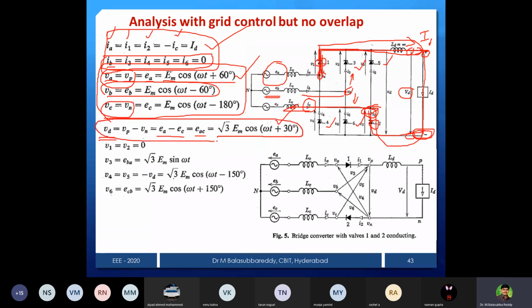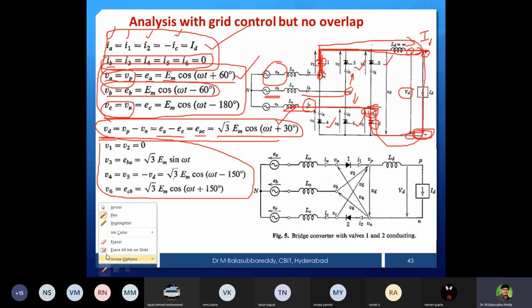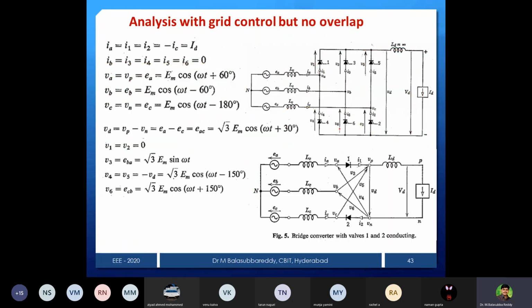This is the VD. And now valve voltages are very simple. Conducting valve voltages are 0. For the rest of the valve voltages we have to identify where they are connected. That's all, simple way. Now the conducting valves are V1, this is conducting, 0, and this is V2, conducting. So voltage across V1, voltage across V2 is 0.